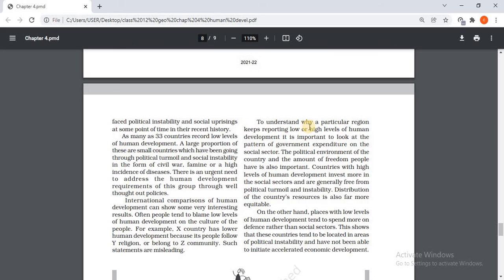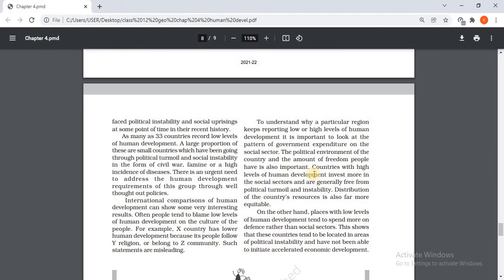To understand why a particular region keeps reporting low or high levels of human development, it is important to look at the pattern of government expenditure on the social sector, the political environment of the country, and the amount of freedom people have is also important.